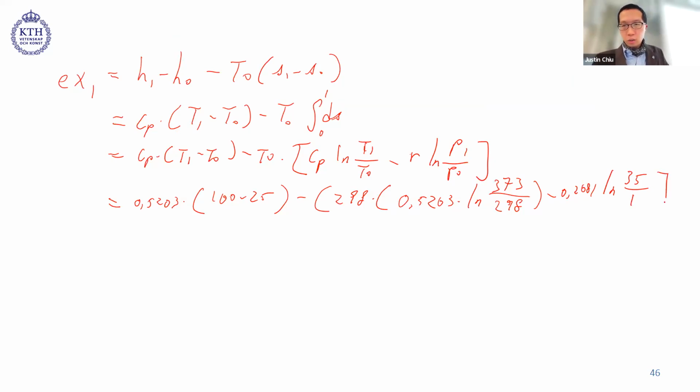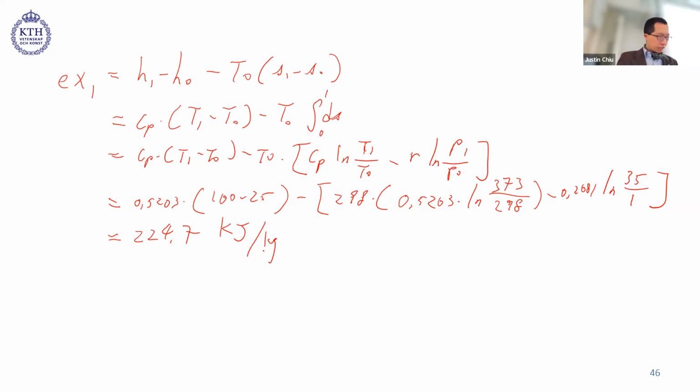So this would give us the maximum energy potential, so the exergy of my inlet gas. If this is typed in the calculator correctly, 225 kilojoule per kilogram. So this is the absolute maximum potential of your inlet gas.